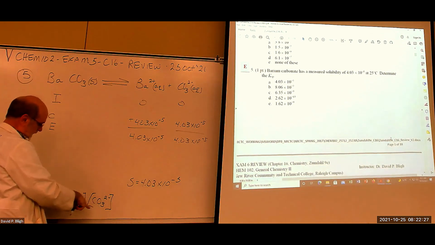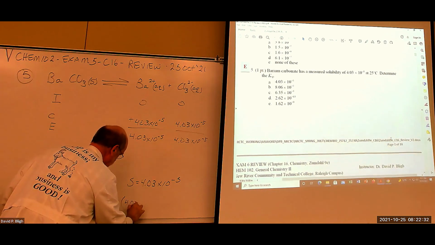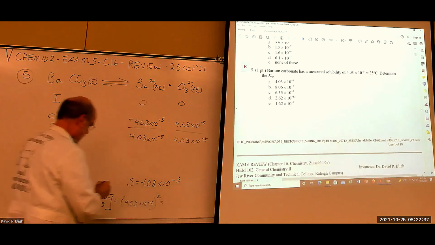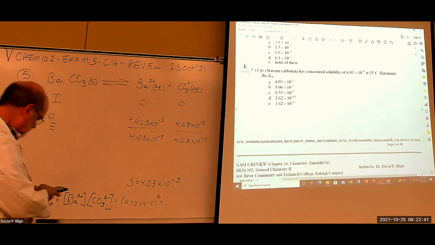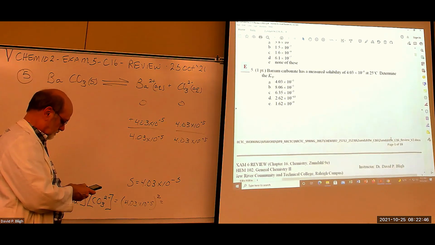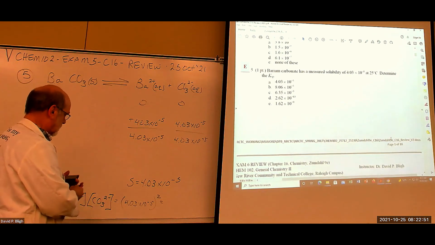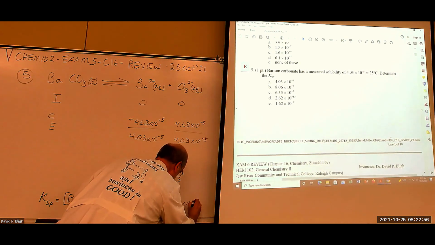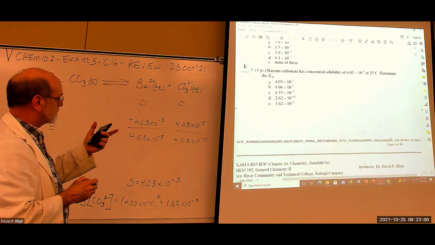So since they're the same value, we've actually got 4.03 times 10 to the minus 5 squared. I get 1.62 times 10 to the minus 9. Which is E.